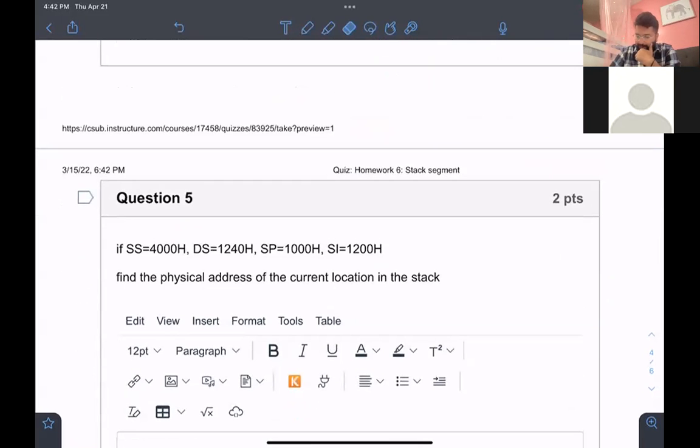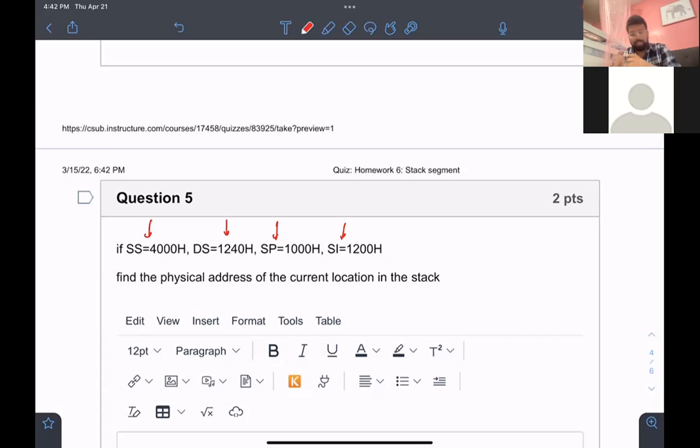In this question we have a stack segment, a data segment, a stack pointer, and I think it's called source index. I think SI is called source index. A stack segment is basically a big chunk of memory, and it's called the stack.